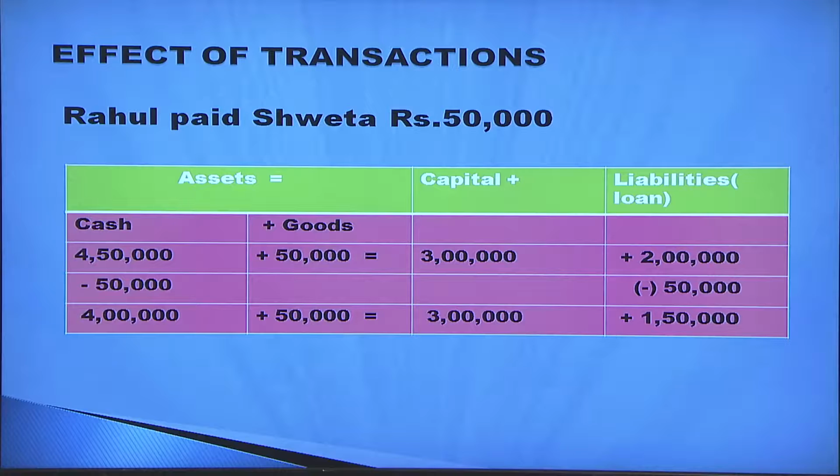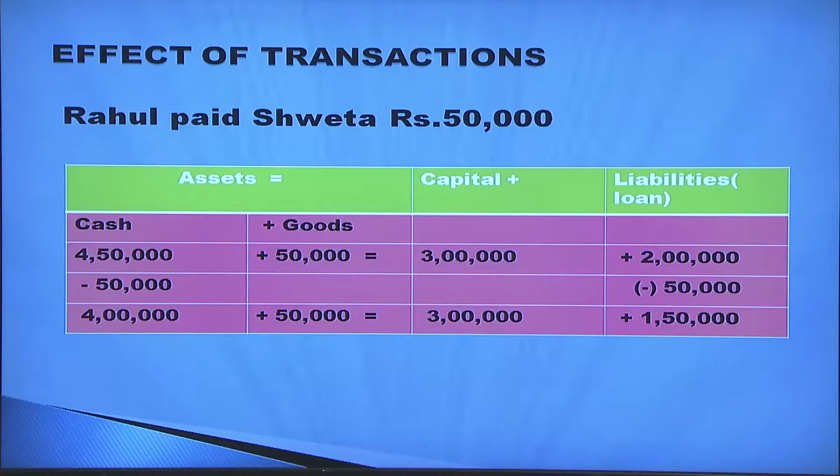So, I have written in the cash column minus 50,000 and in the liability column minus 50,000. New accounting equation is under cash 4 lakh 50,000 minus 50,000, 4 lakh. Cash 4 lakh plus goods 50,000 equals capital 3 lakh plus loan or liabilities 1 lakh 50,000.